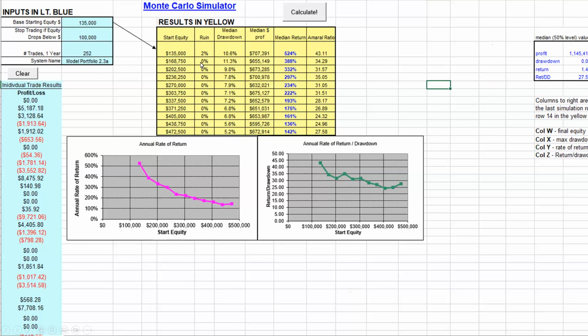Because now the starting equity went up, and it keeps going up until it stops about 10 rows later. So this Monte Carlo simulator is super helpful for individual strategies and for portfolios on giving you how much capital you need and your percentage chance of blowing up or hitting your stop capital.